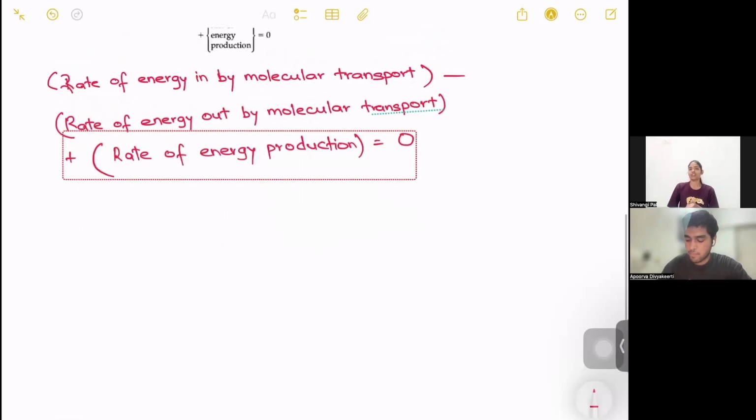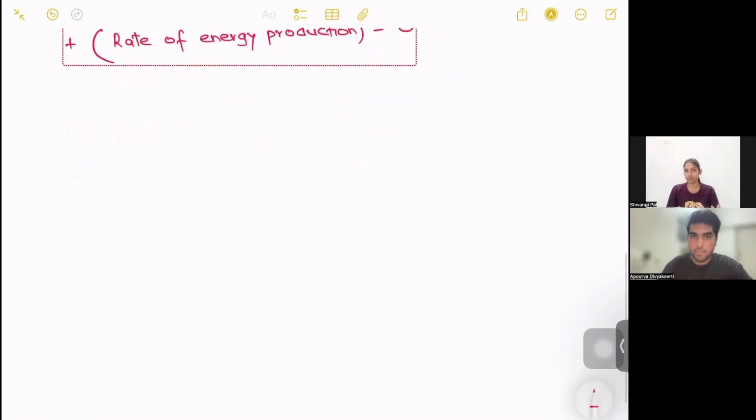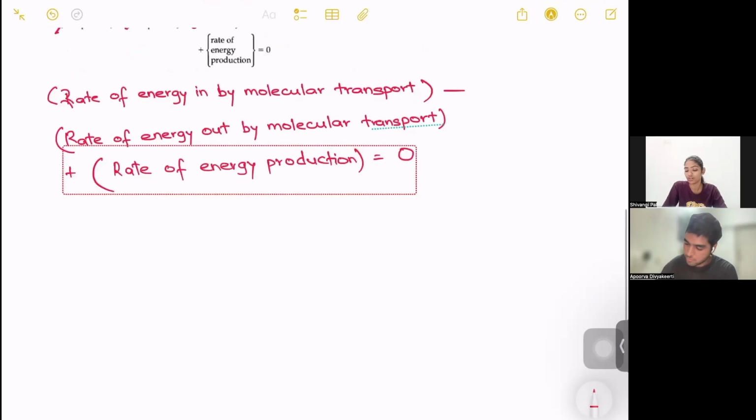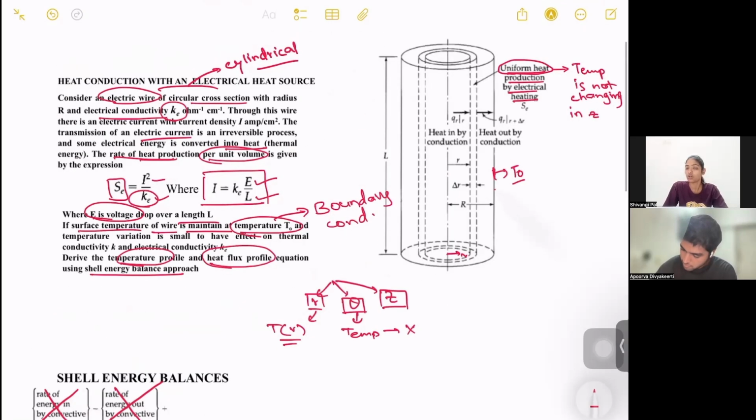Now, we are talking about rate everywhere. What is rate? Rate equals flux into area. So if we look at the boundary r, the flux going into the system will be q_r at boundary r, and the flux going out of the system will be q_r at boundary r plus delta r.